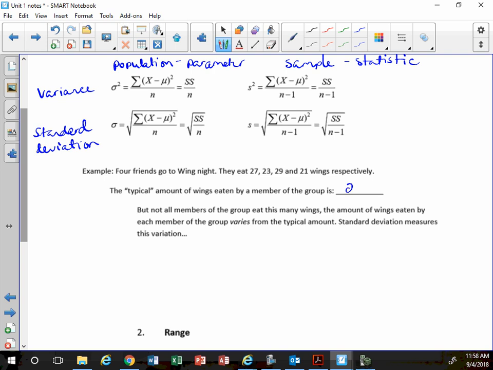Okay. All right, so even though that's the average, did everybody in the group eat 25 wings? No. Okay. So that's what we're talking about when we say variation. You've got this average, but how far from the average are your data values?